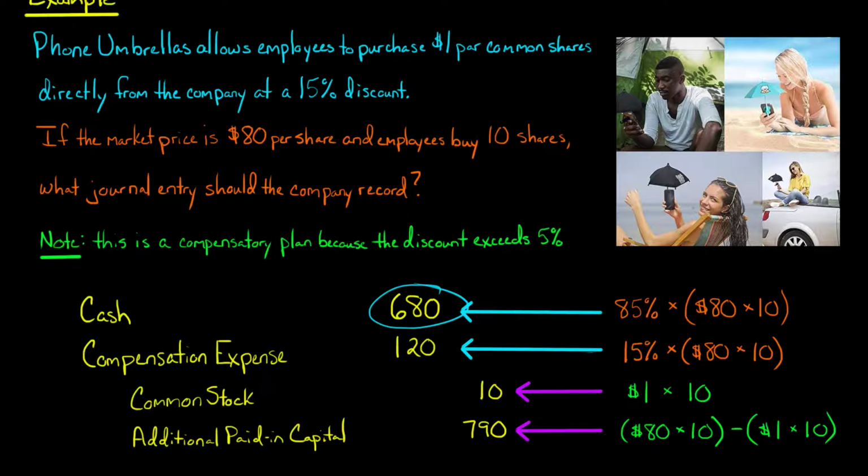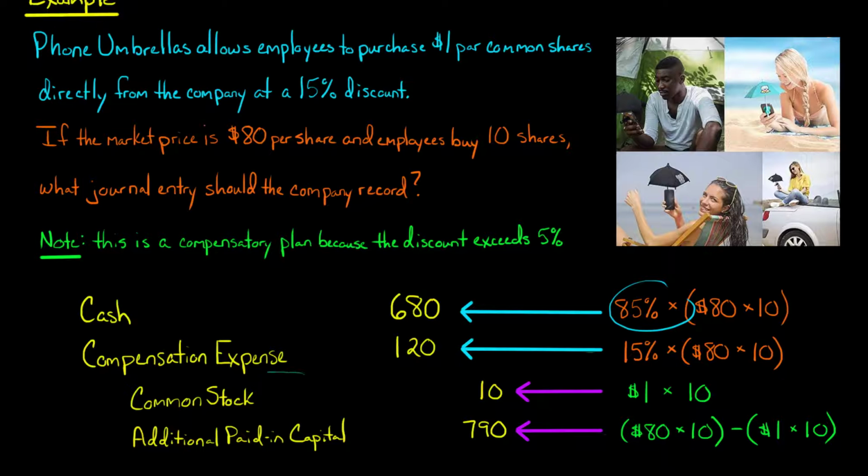So 15% of the $800, that's a $120 discount. If we take the $800 and subtract that $120, you get the $680. Or you could take 85% times 80 times 10 to get to the $680. Either way, the employees are actually paying $680, so that's the amount of cash received by the company. And then the discount is going to be recognized as compensation expense by the company.